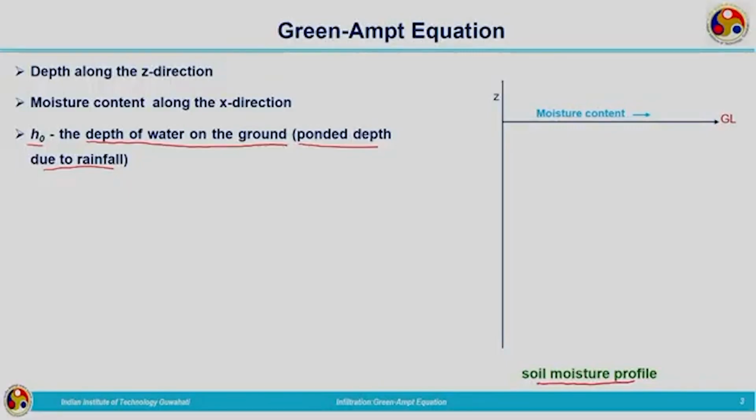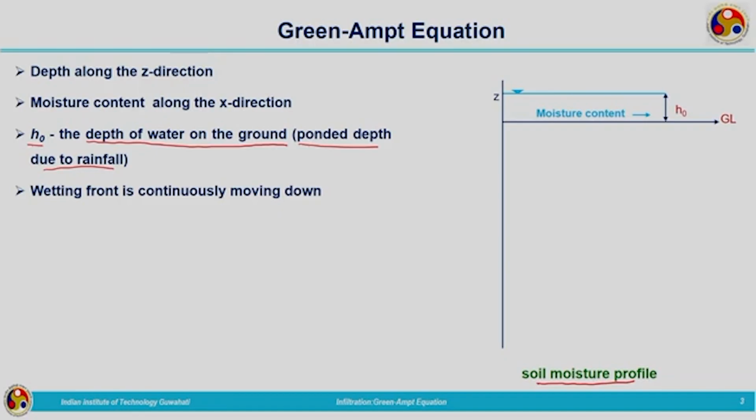If sufficient quantity of water is available for infiltration, that is the potential infiltration, the maximum infiltration which can happen within a soil at a given point of time. When ponding depth is there, it means sufficient water is available for infiltration. So here we consider H naught above the ground surface as the ponding depth.